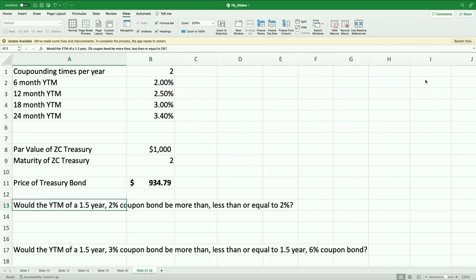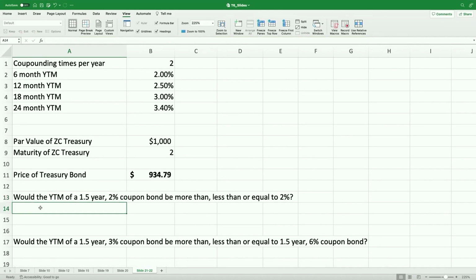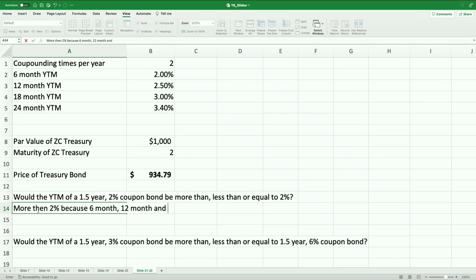All right. So we will say more than 2% because the 6-month, 12-month, and 18-month YTMs are all greater than or equal to 2%.